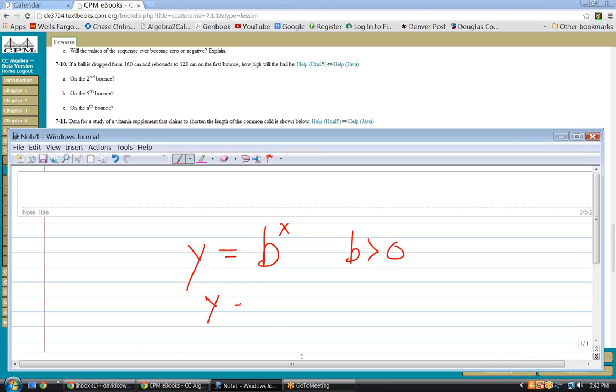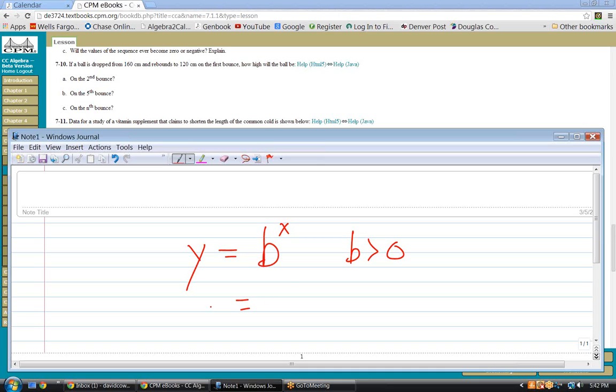If I say y equals 2 to the 3.1 power, I have no idea what that is. I know it's a little bit more than 8, but it's not up to 16, so it's somewhere in between. But I don't have a way of figuring it out.